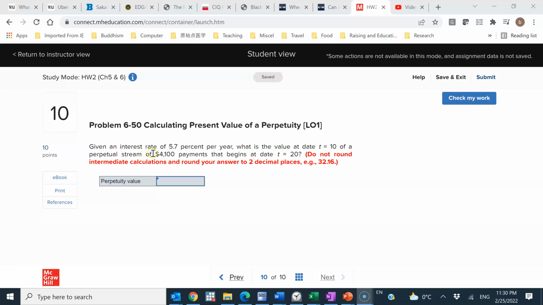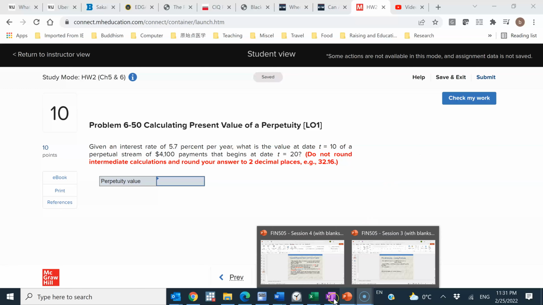So given an interest rate of 5.7% per year, what is the value at the date t equals 10 of a perpetual stream of $4,100 payments that begins at the date t equals 20.